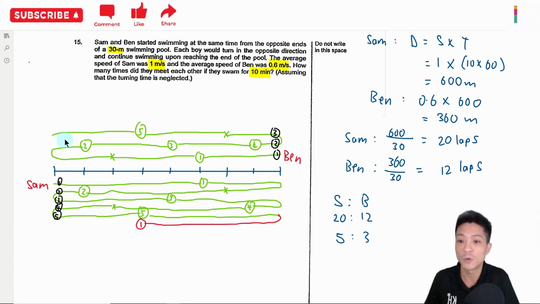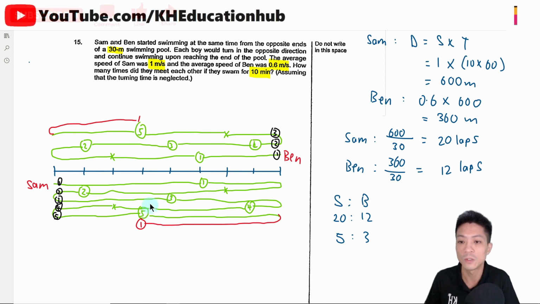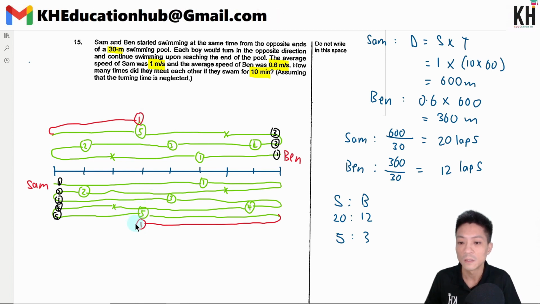Okay, this is the first point where they meet because Sam will turn and go another 1, 2, 3. Okay, this will be 1. Should I continue it as 6? Okay, never mind. Let me put it as number 1. Okay, continue another 5. 1, 2, 3, 4, 5.